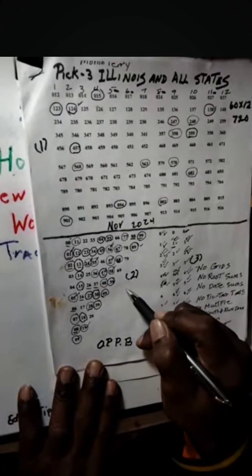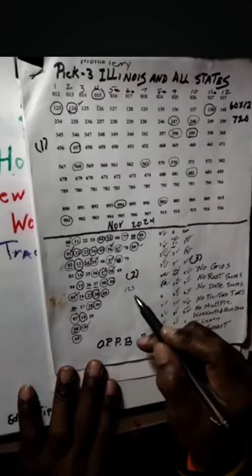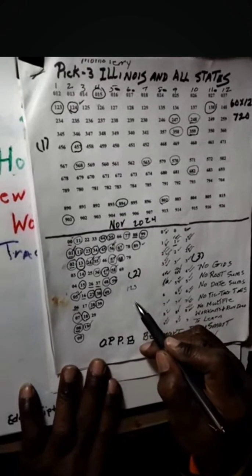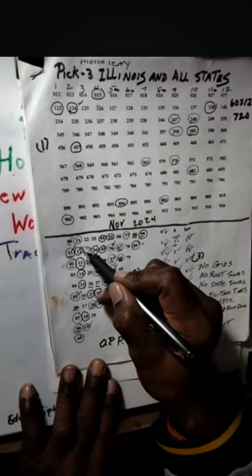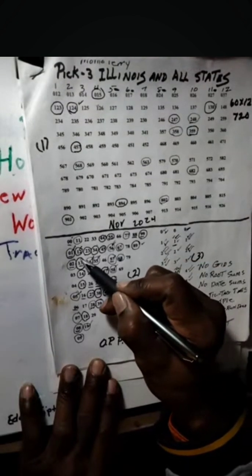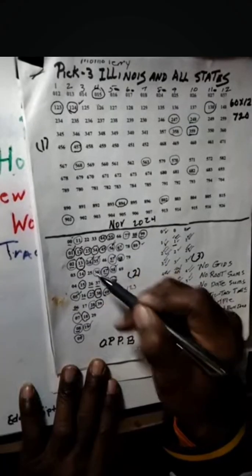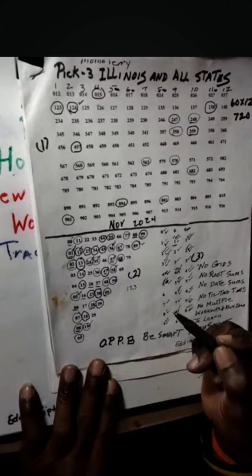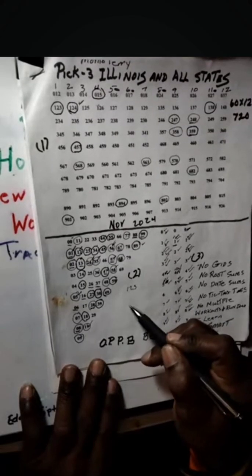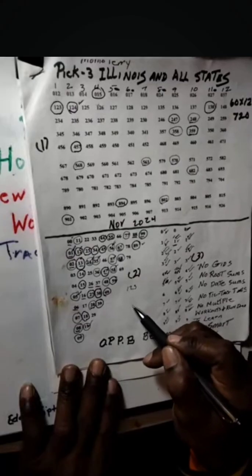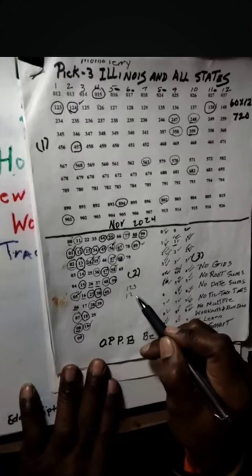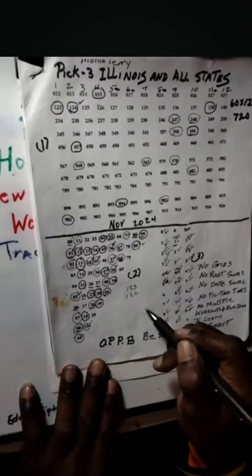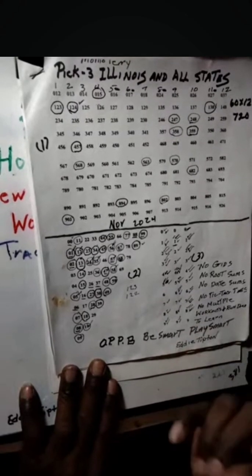Say you have 1, 2, 3 to come in. There's 3 separate numbers, so you're going to have 3 separate pairs. You'd have the 12, the 13, and the 23. You'd circle those. That's your single pairs. If you had a double to come in, say 1, 2, 2, you got 2 like numbers, so you're going to only have 2 pairs.